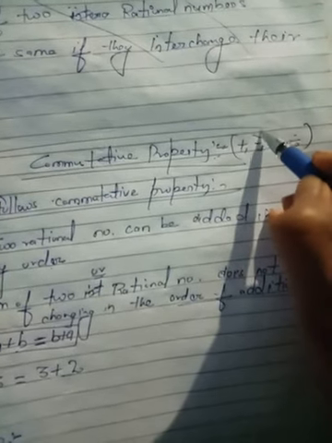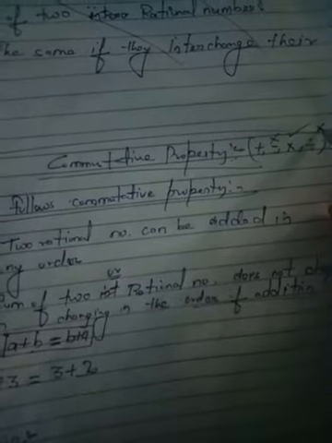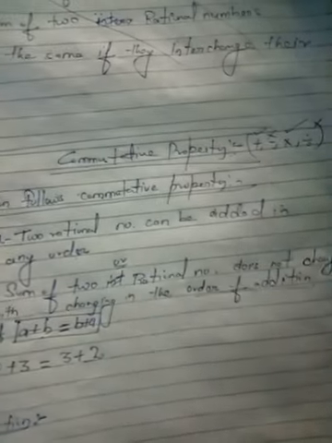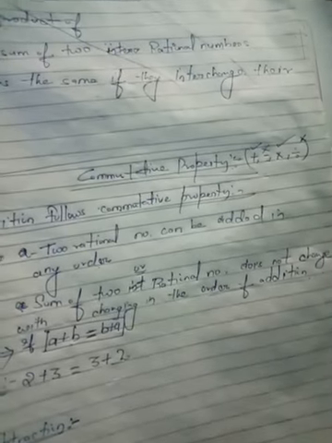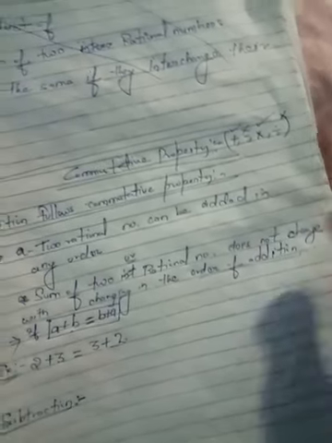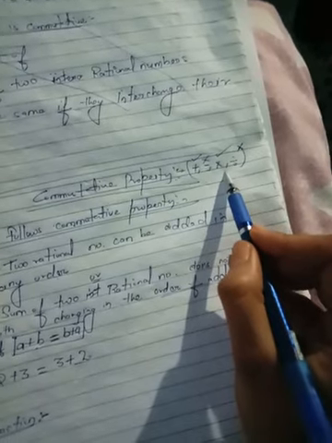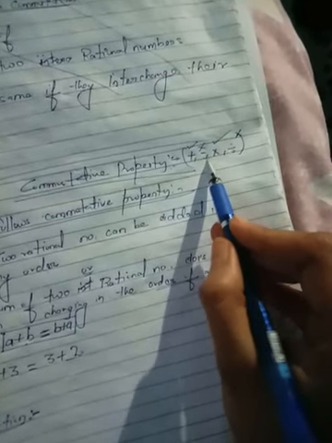Subtraction does not follow it. Multiplication follows the commutative property, and division does not follow it. That means the commutative property is followed only by addition and multiplication, and it is not followed by subtraction and division.